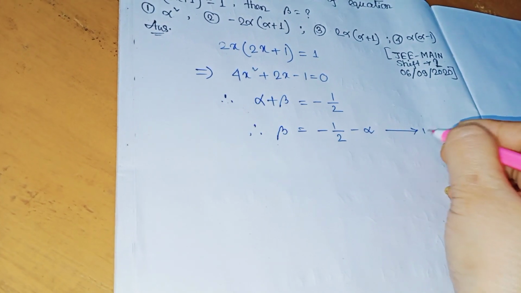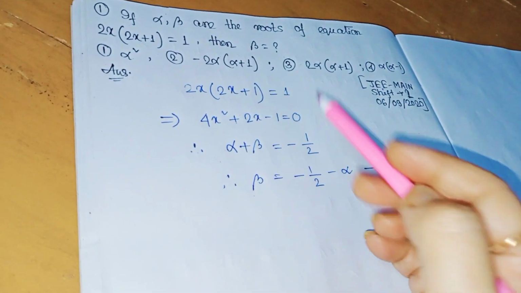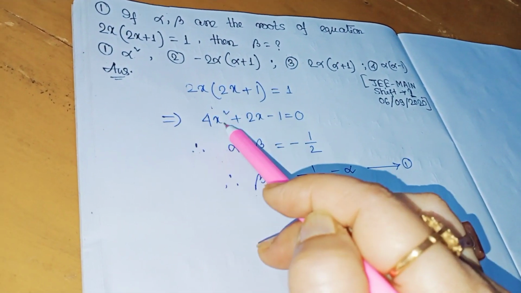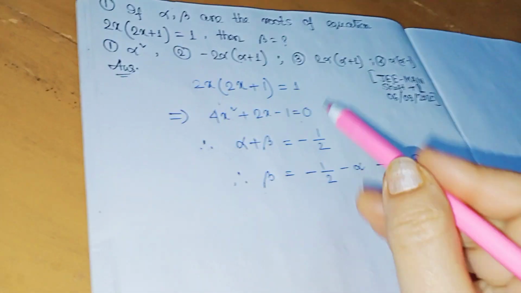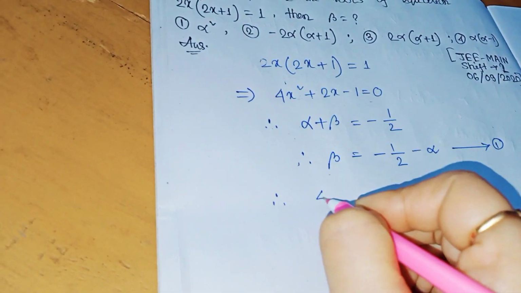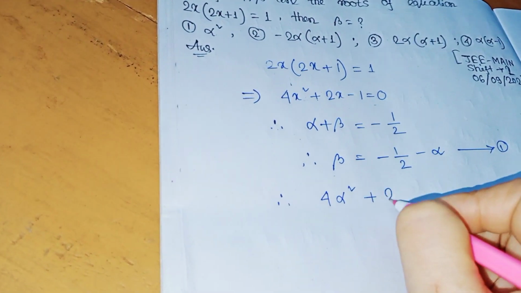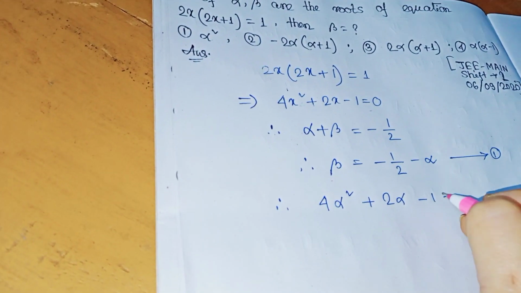Just write equation 1. As alpha and beta are the roots of this equation, it satisfies alpha. Therefore, we may write 4 alpha square plus 2 alpha minus 1 is equal to 0.